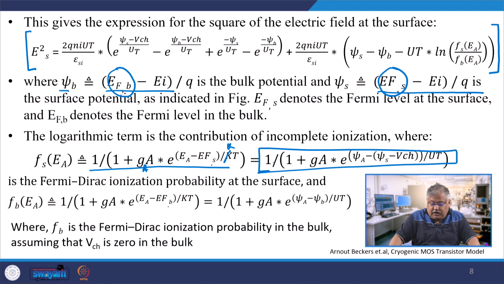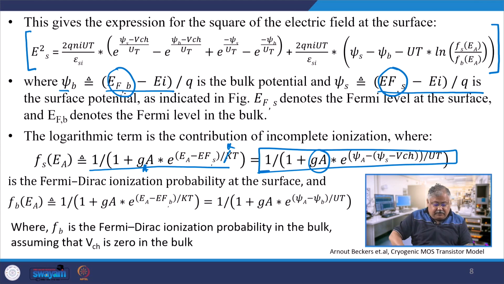F of Ea is this quantity. Where does incomplete ionization come into the picture? This factor enters the incomplete ionization. Had it been fully complete ionization, everything was fine, Ga would have been 0, and the quantity Fs of Ea would be equal to 1, and we wouldn't have needed so much modeling effort to find the value of Fs of E.